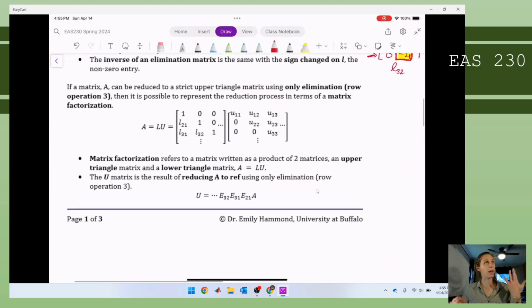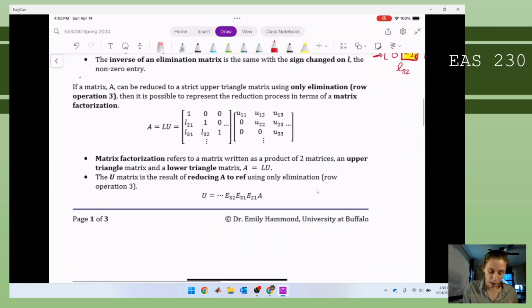Okay, so now that we have that foundation, let's look at why we even want to do matrix factorization. Just to note, when we say matrix factorization, it just means we're taking A and breaking it up into a product of two matrices. One's called L, one called U. So if matrix A can be reduced to a strict upper triangle matrix, reduced means we can do our elimination steps.